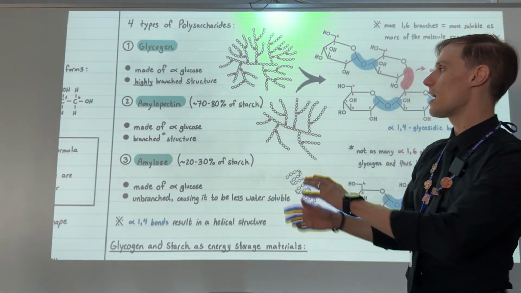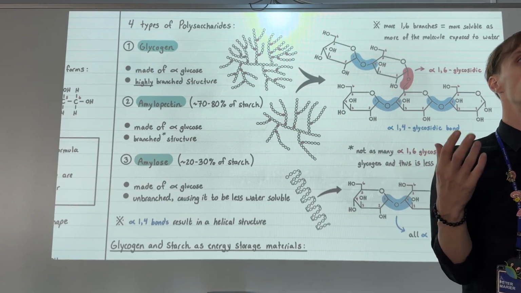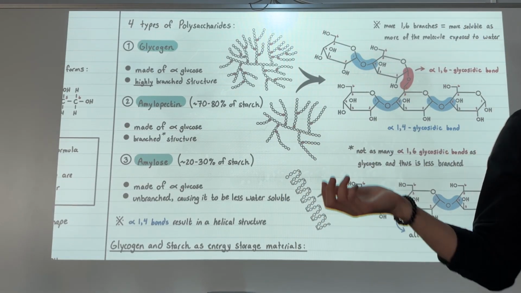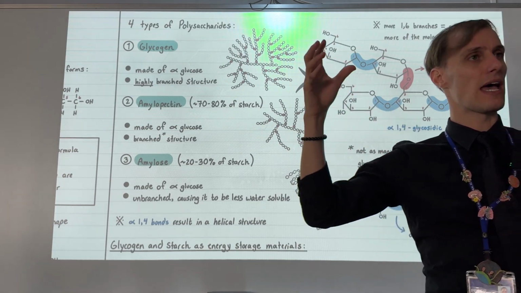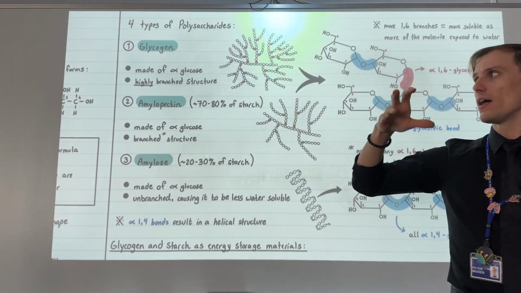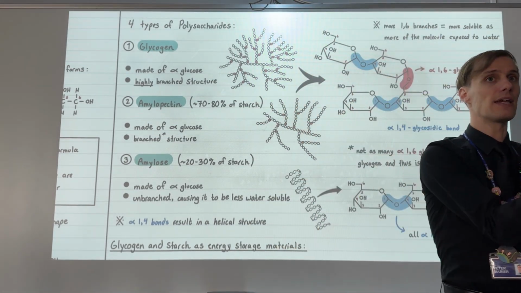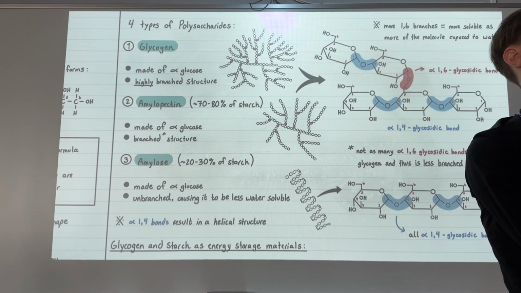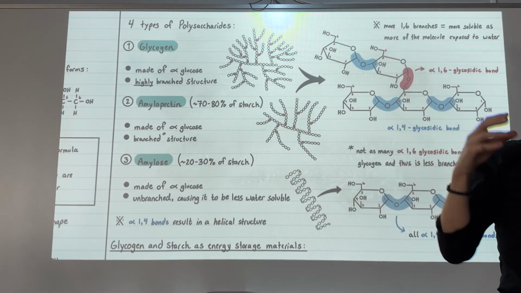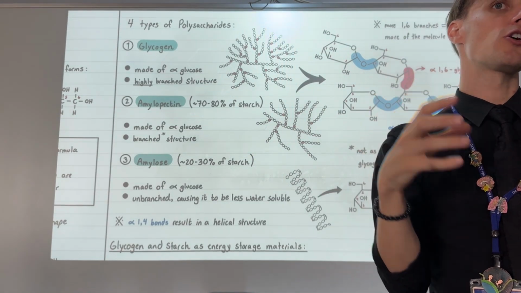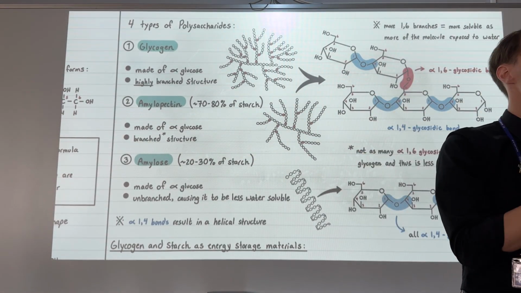Well, now that we understand the structural differences and similarities between glycogen, amylopectin, and amylose, let's now use that guiding question: how is their structure relating to their function as energy storage molecules? So all of these molecules are used as short-term energy storage in organisms.